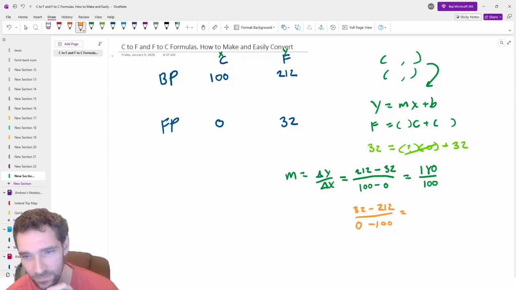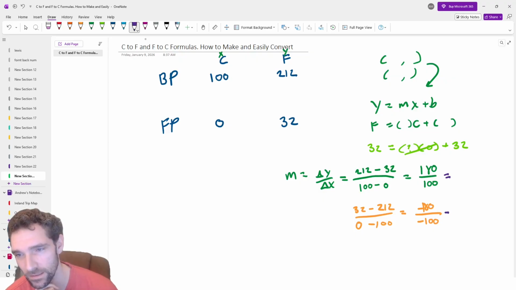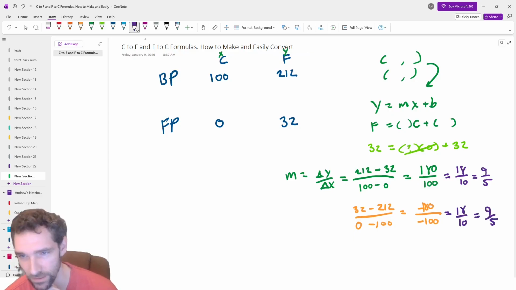You get the same value, it's just negatives. So you could have the negative 180 over negative 100. In both cases, these simplify down to, you could think about this as 18 over 10 or 9 over 5. And so that's our ratio that ends up going into the formula here.